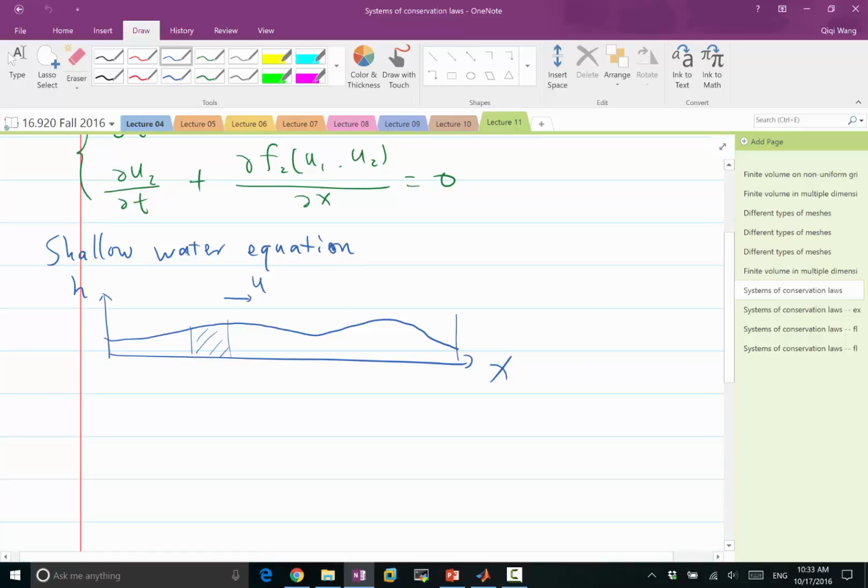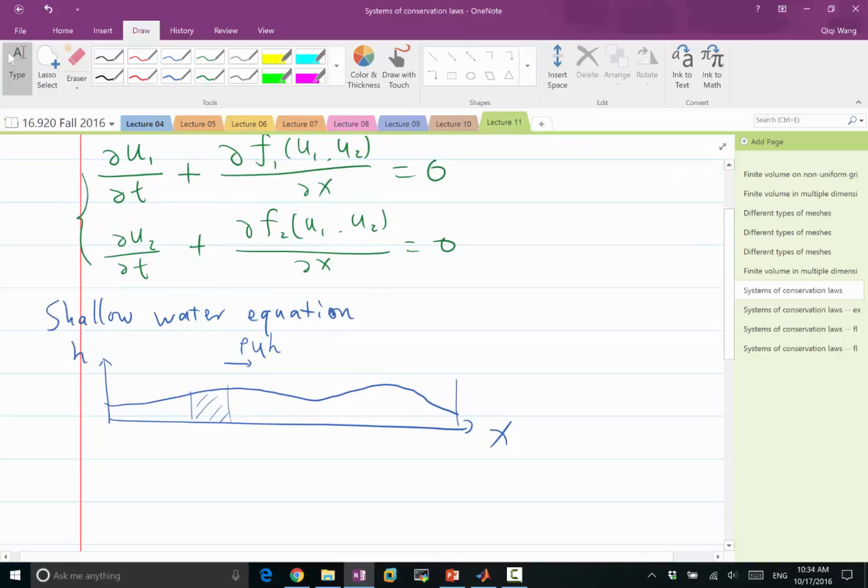So instead, we use u times h as a conservative variable. If you multiply u times h and integrate over dx, what do you get? Also, we need to assume the density is a constant, which is the case. So if you multiply rho times u times h over dx, what do you get? The momentum, exactly. So these are the two conservative quantities in this equation.